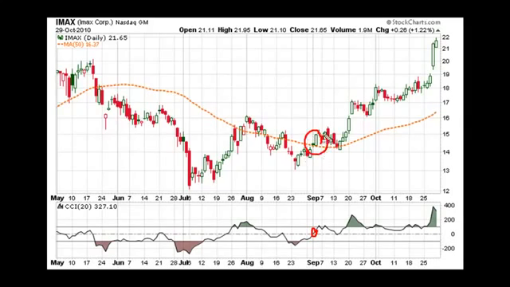Okay, and you see also the breakout here. So you would buy here, and it's basically off to the races. And you would not sell the stock until CCI comes back down and crosses below this 0 line.